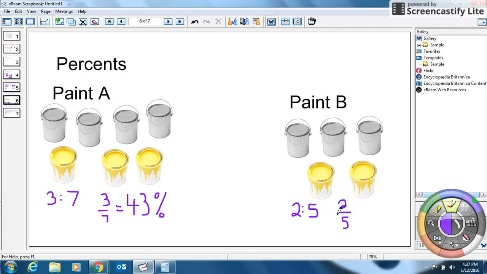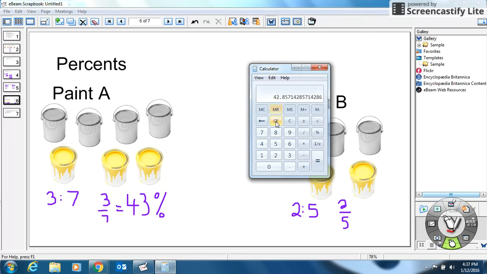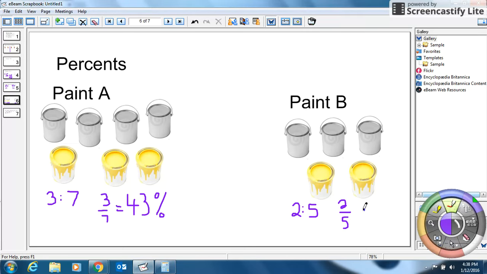Okay, well, let's take a look over here. 2 divided by 5, that's actually a pretty easy one to figure out, but we can use a calculator anyways. 2 divided by 5 is equal to 0.4. Times it by 100 means over here, 40% of the paint in paint B is yellow.